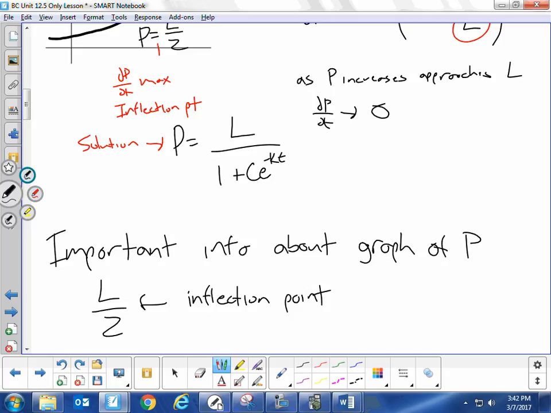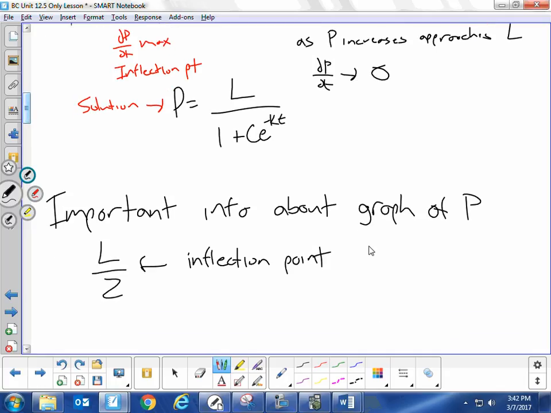It looks like we're going to continue on exponential growth, where the derivative is going to increase. All of a sudden, the derivative starts to decrease in value. We go from concave up to concave down. And it's when dP/dt is equal to a max.